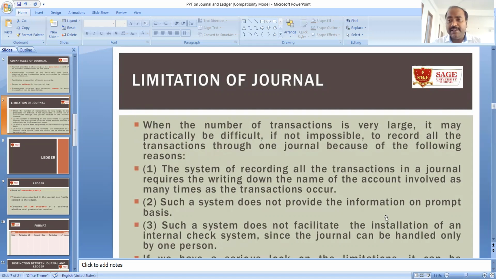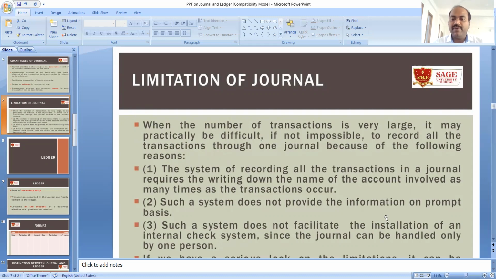When we repeatedly write the transactions, we will be confused with the names, because with only one name different people will be there, and if you write this transaction with only a single name, it might be confused.